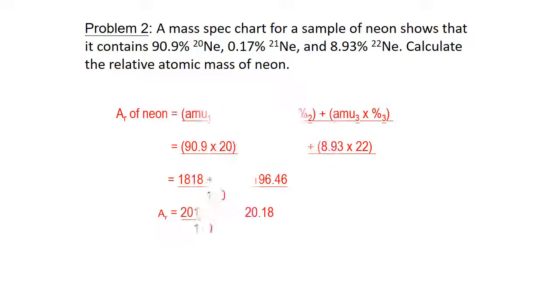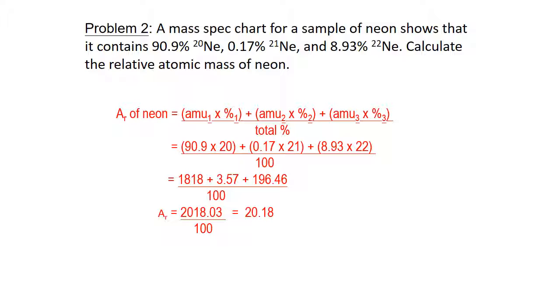Okay, so welcome back. Just as with the previous calculation, this time working with 3 different isotopes, plugging the numbers in, you're going to get 90.9 times 20, 0.17 times 21, and 8.93 times 22, all divided over 100, which will give you 1818 plus 3.57 plus 196.46, divided by 100. 2018.03 divided by 100, so 20.18.